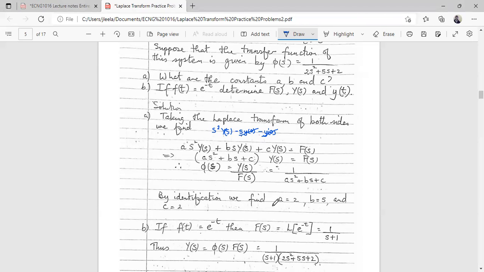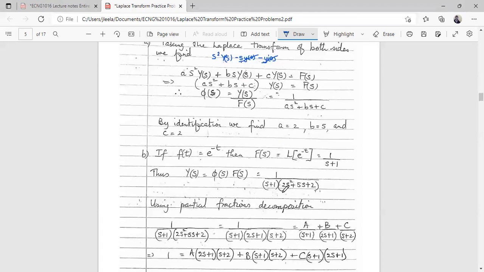And what is phi(s)? Phi(s) is 1 over 2s squared plus 5s plus 2. And when you multiply that by F(s), you will multiply it by 1 over s plus 1, which is 1 all over (s plus 1) times (2s squared plus 5s plus 2).